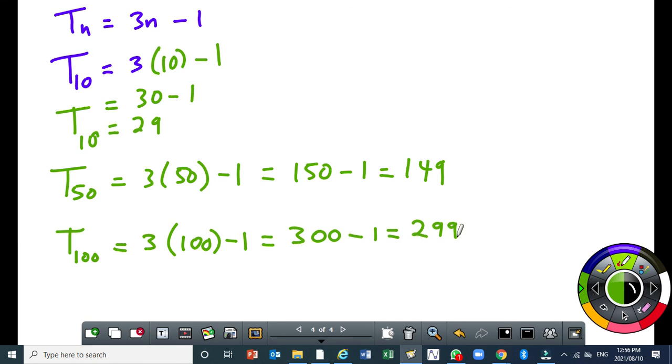Now, I've determined the general term, and I've determined a specific term, an nth term. Now, sometimes you may be asked to determine the position of a term, right?